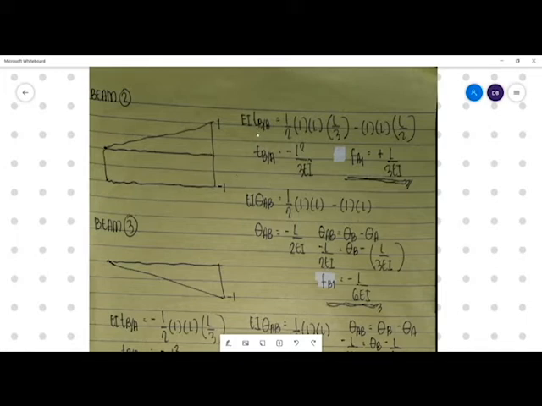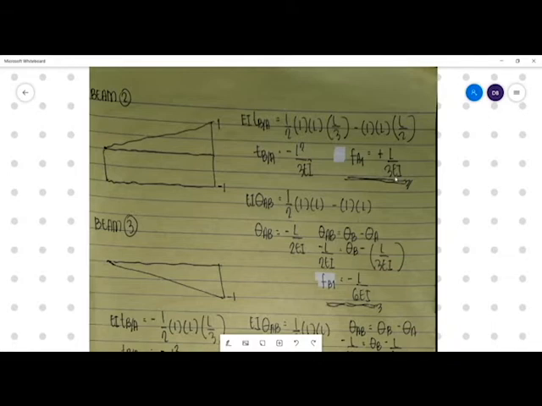Our tangential deviation of B with respect to A is equal to the area of the triangle multiplied by the centroid starting from point B, minus the area of the rectangle multiplied by the centroid, also from B. Now we have negative L squared over 3EI, and our FA1 is equal to L over 3EI.